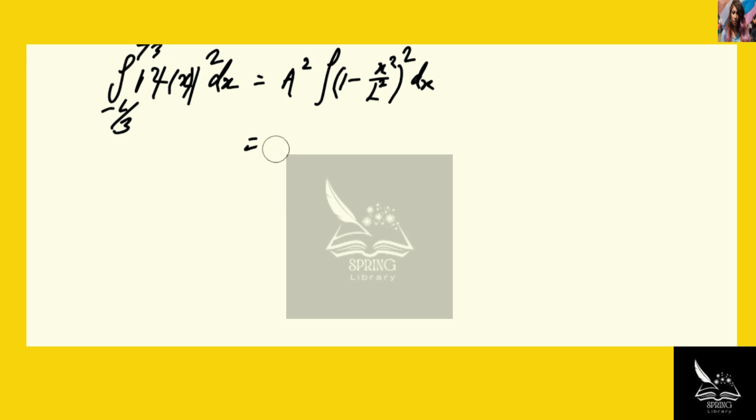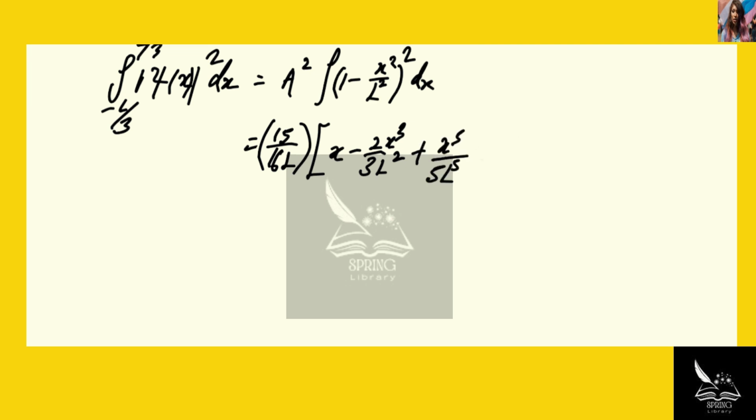A squared, we substitute in the value for A which we found previously, which is 15 over 16 L. The integral inside is x minus 2/3 x cubed over L square plus x to the power 5 divided by 5 L to the power of 4. In this case the limits of the integral are minus L over 3 to L over 3.